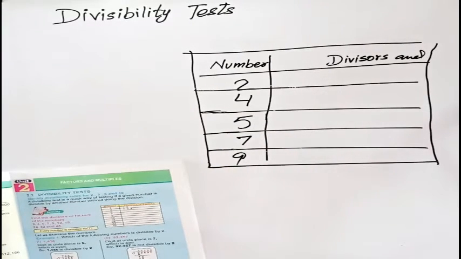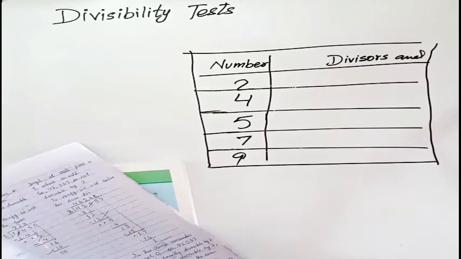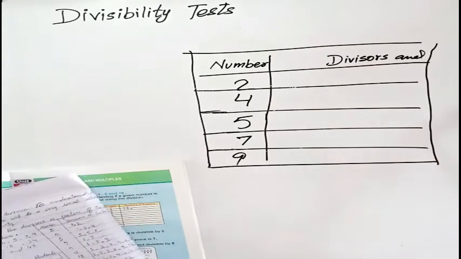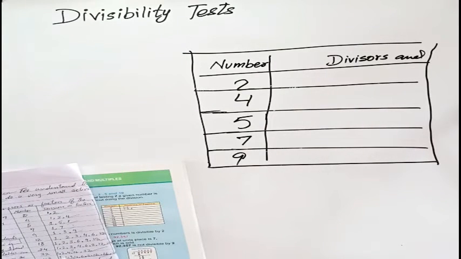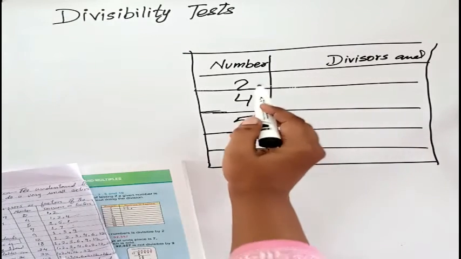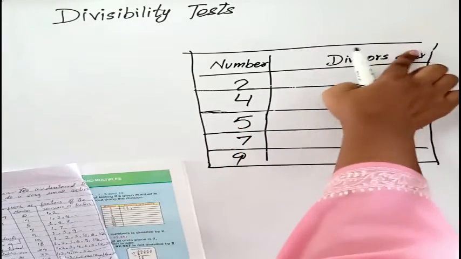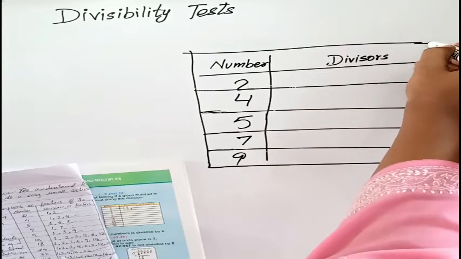Till 9 we can write on this board, and the rest of the numbers you will do in your papers or on your sheets, whatever you have with you. Okay, students. To find the divisors and factors of these numbers, or you can say only the divisors of these numbers.